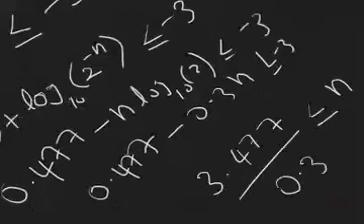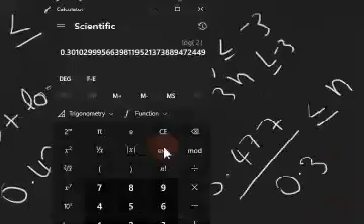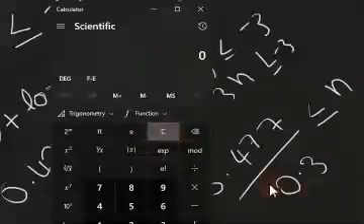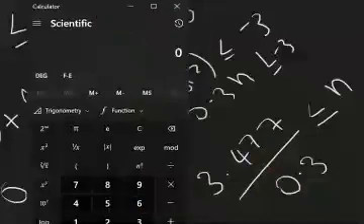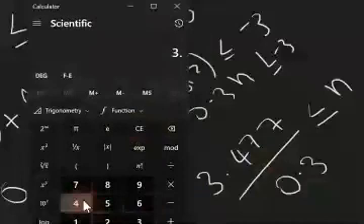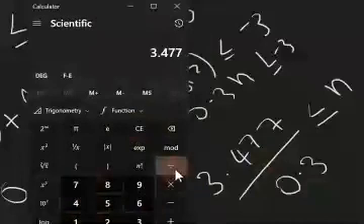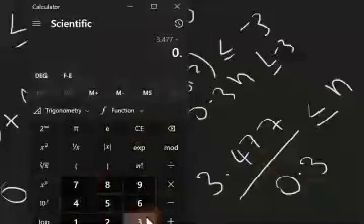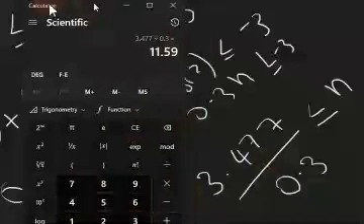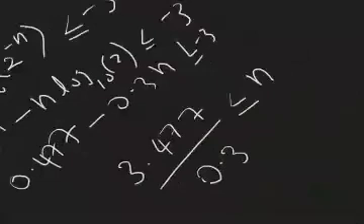So let's take our calculator, clear everything. 3.477 divided by 0.3, which is equal to 11.59.